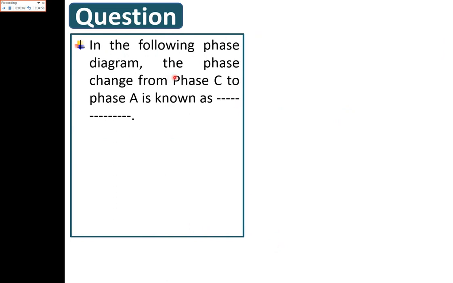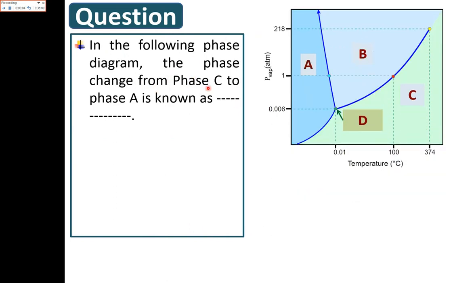In the following phase diagram, the phase change from phase C, which is supposed to be the vapor or gas phase, to phase A, which is the solid state. So the conversion from the green part here to the blue part here is the conversion from the gas to the solid directly without passing by the liquid state.